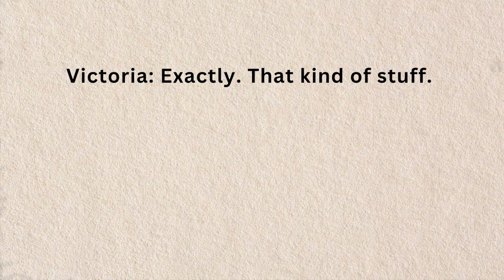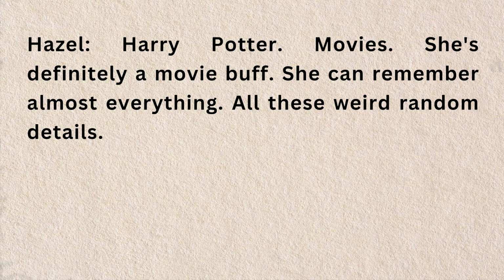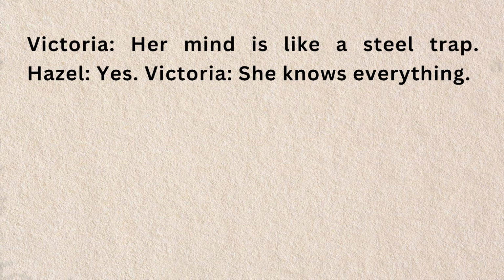Victoria. Exactly. That kind of stuff. Hazel. Movies. She's definitely a movie buff. She can remember almost everything, all these weird random details. Victoria. Her mind is like a steel trap. Hazel. Yes. Victoria. She knows everything.